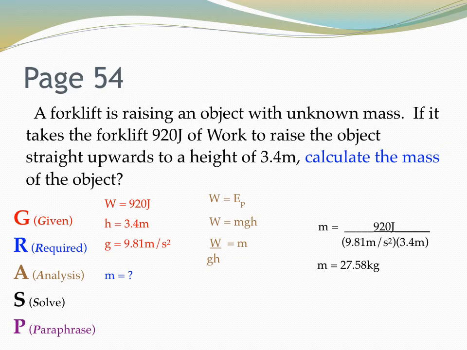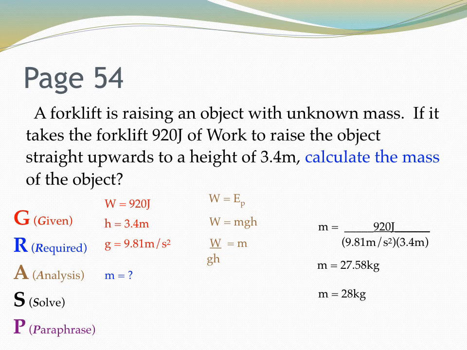Now I need to look at my initial numbers, and I see that the weakest link is 3.4 meters with 2 significant digits. So my answer can only have 2 significant digits, so I'll round it to that. And my third digit there is a 5, so I know I need to round up to 28 kgs.